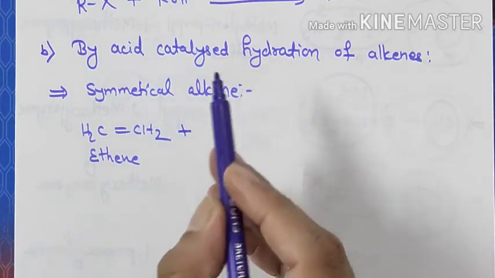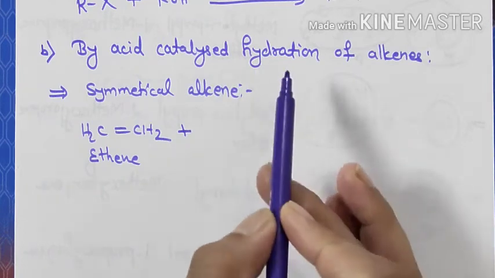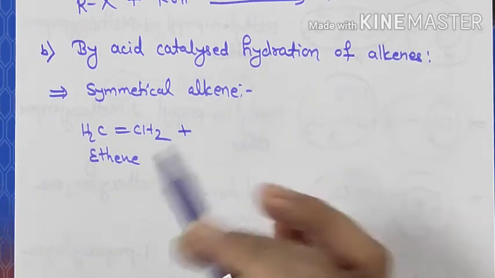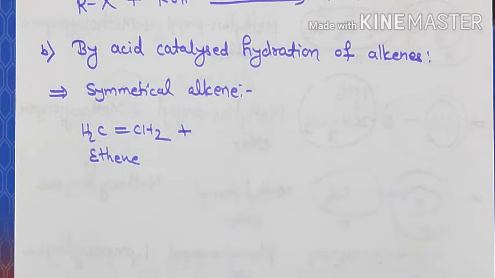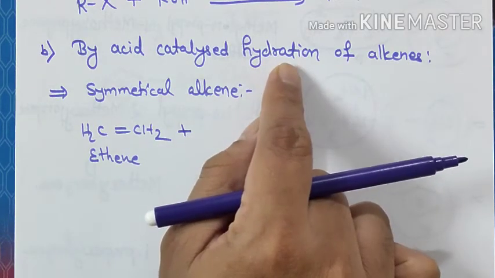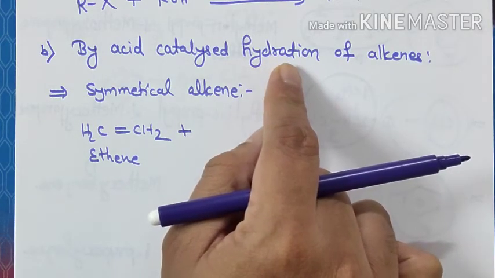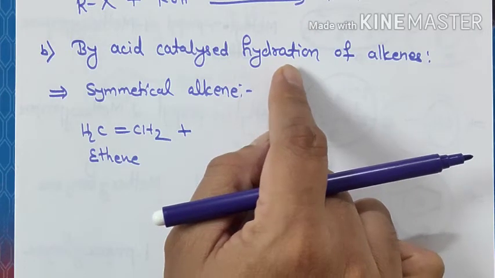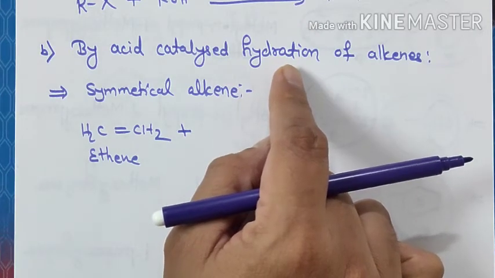Acid catalyzed hydration means we have to actually hydrate it. Hydrate it means we have to add water. But if I add water directly, the reaction will not happen. That's why we need some acid, because that acid is going to catalyze that reaction.